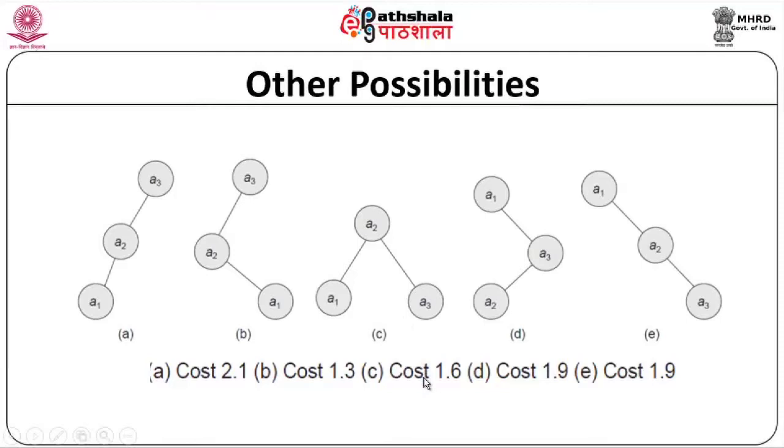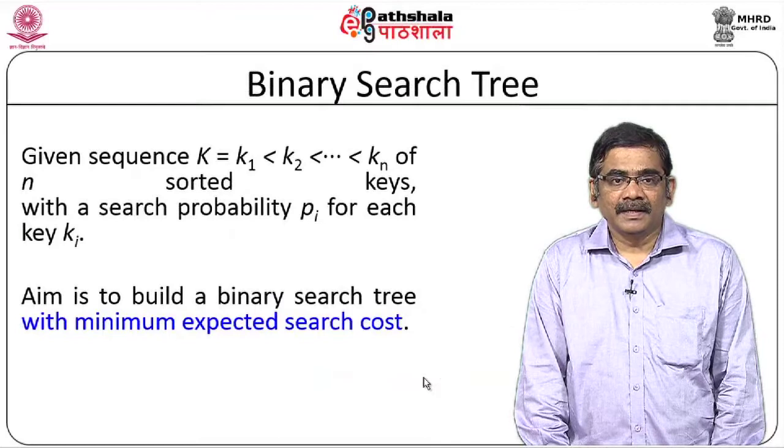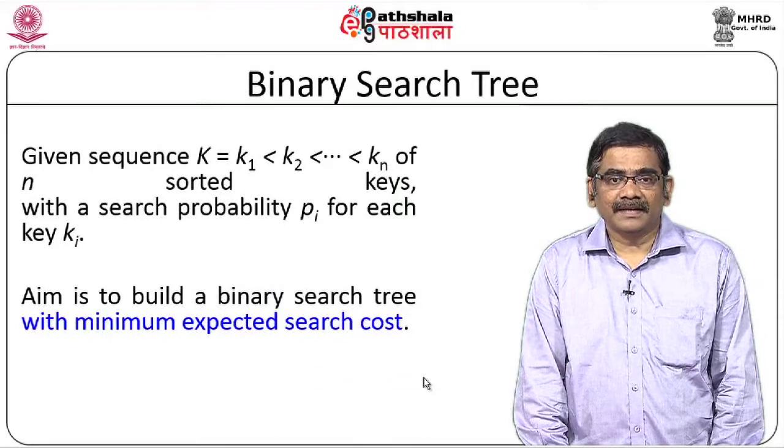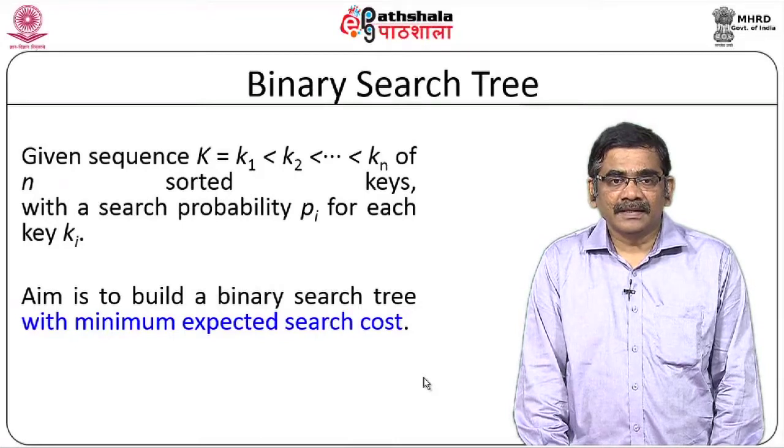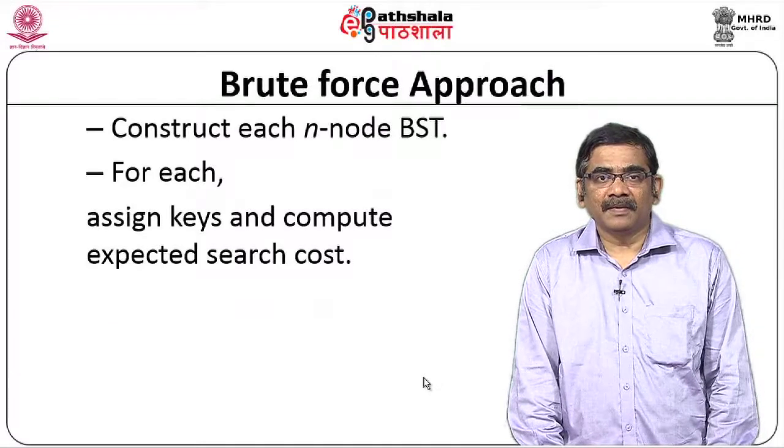So, the concept of the optimal binary search tree comes into the picture whenever we are seeking a minimum cost for the constructed BST. The problem can be defined like this. We have a set of keys, every key is associated with a probability, and the aim is to construct a BST with the minimum cost.